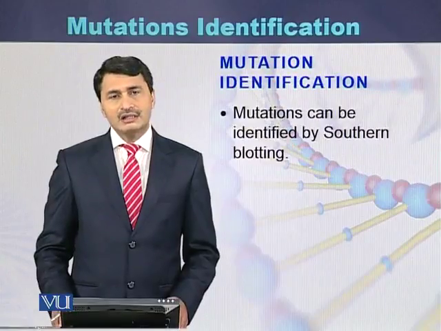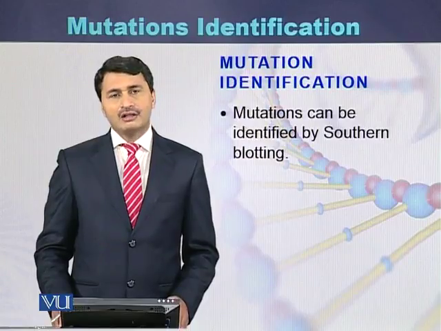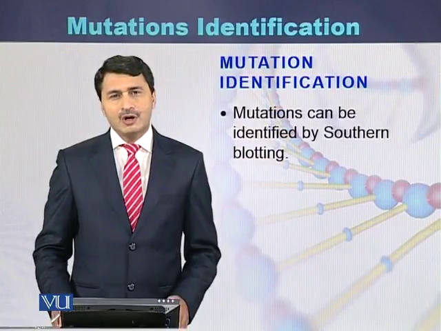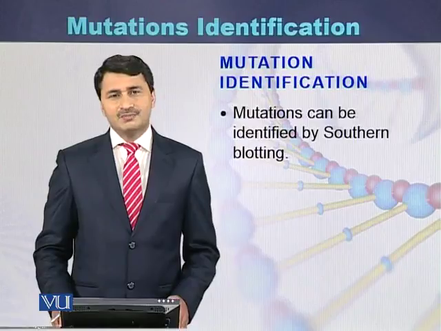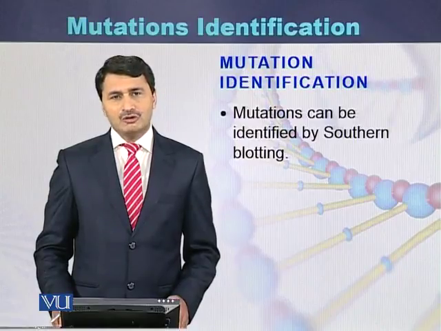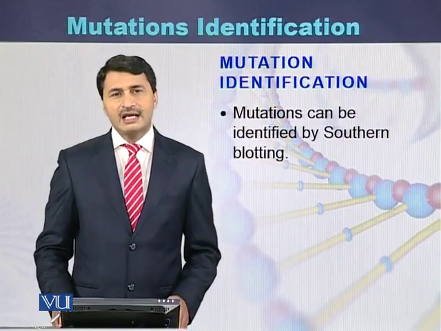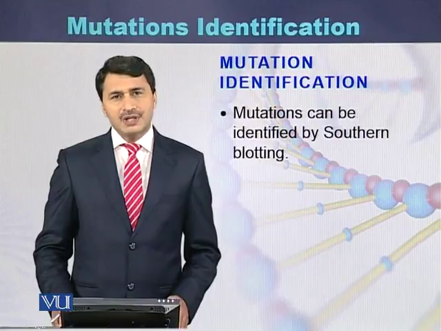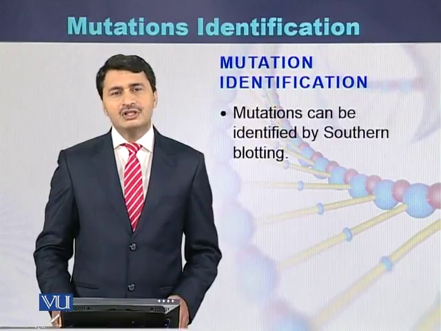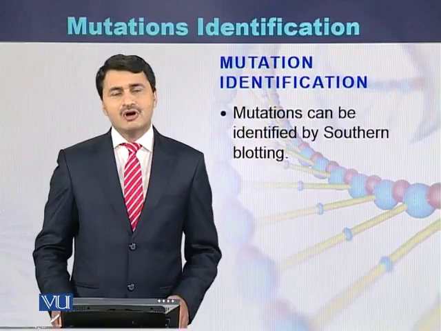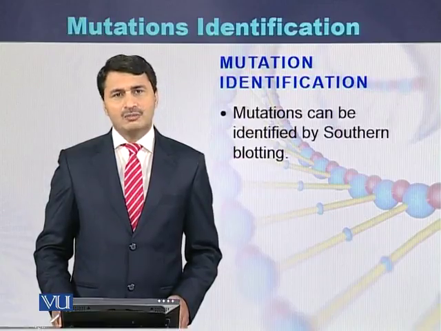So a mutation, single nucleotide polymorphism, or any change at a particular location, due to which the restriction enzyme cannot recognize that particular sequence, can be identified. Based on this difference between the DNA sequence of a normal individual and that of a patient, we can identify mutations by using the Southern blot technique.